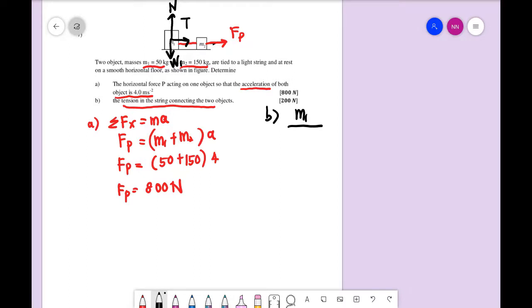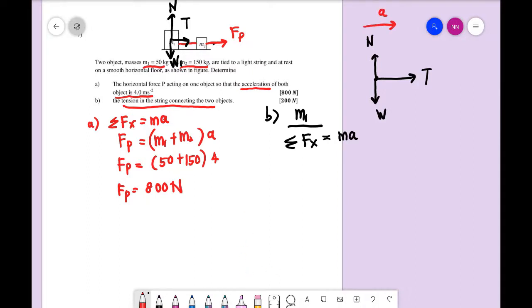So it is accelerating, so we can use the concept net force X equals to MA, acceleration at X component. So it's like this: normal, weight, and T, and it is accelerating to the right.